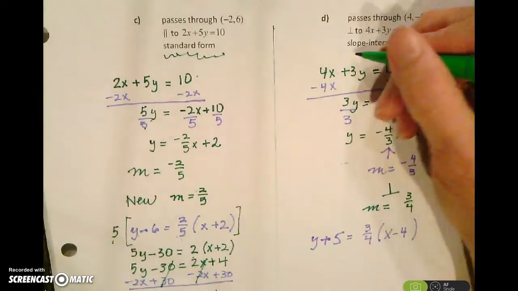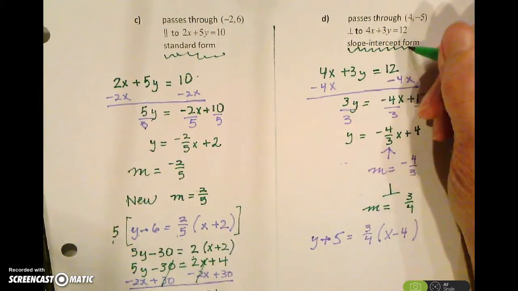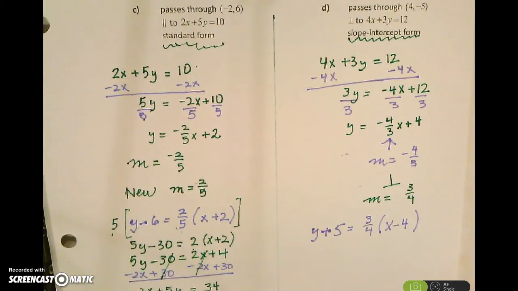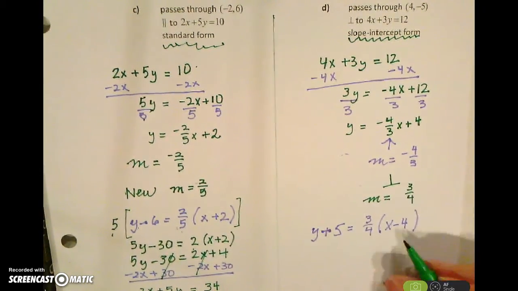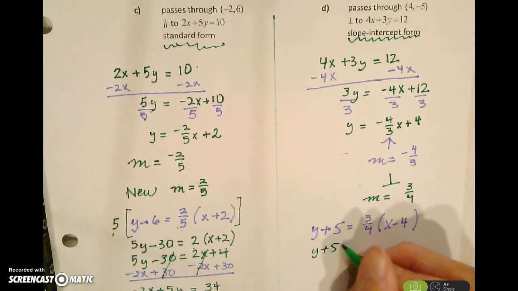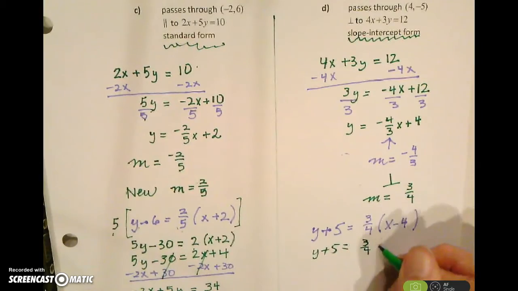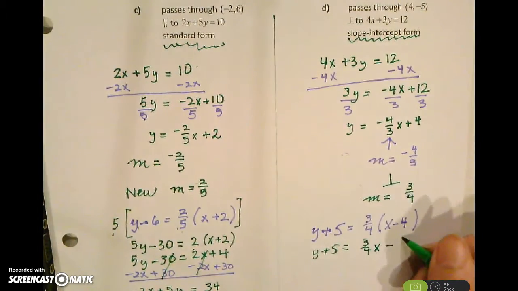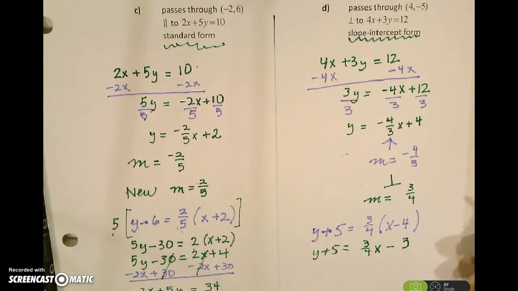Then we need to pay attention. We want it now in slope-intercept form, which means that we want no parentheses, and we want to solve it for y. So we'll distribute. So we're going to get y plus 5 is equal to 3/4 x minus, and when I distribute, my 4's are going to cancel, and that's going to give me a 3.